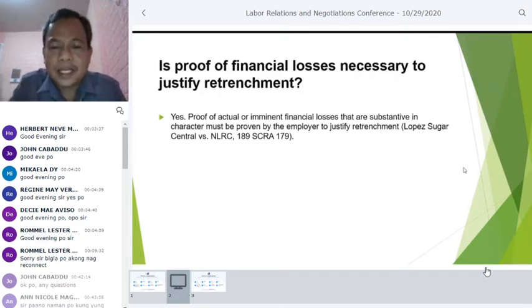Kaya po pwede na or allowed mag-retrench ng employee. Kasi maaaring mangyari dyan, if proof or evidence is not needed, maaaring gawin ni employer kasi just to say na hindi, puro po kami financial losses. Para mahinto yung ganung possibility, kailangan mag-submit ng proof na meron talagang nangyayari ganito noon.